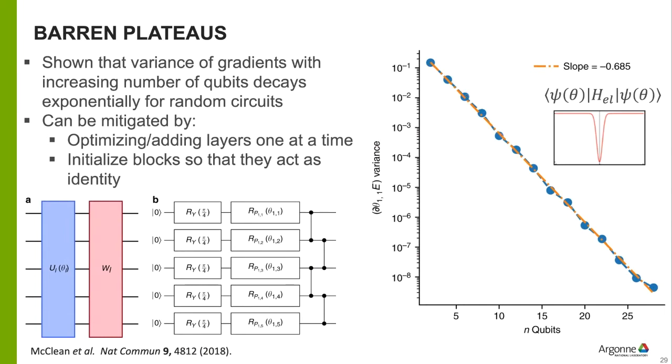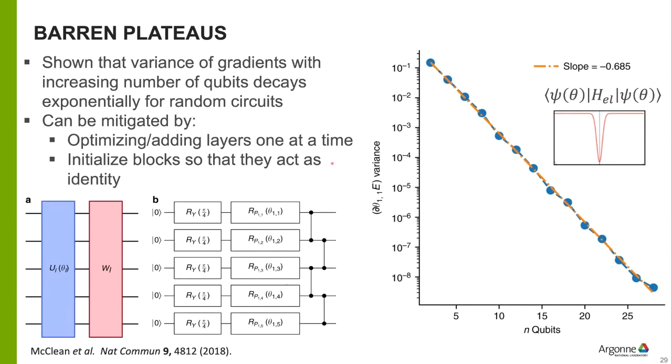And what you're getting is that essentially there is no way you can optimize, find the minimum of the energy unless you start in this tiny region that gets exponentially small with increasing number of qubits. And so this is probably the biggest disadvantage of the hardware efficient ansatz.